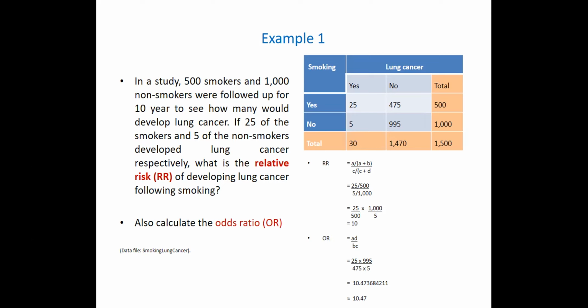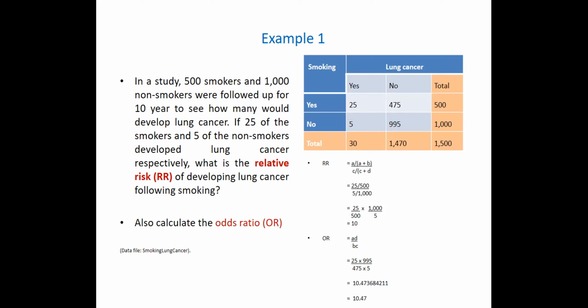So now, the risk among smokers will be what? Let somebody talk. What is the risk among smokers from the table? How will you compute it? Nobody is answering.